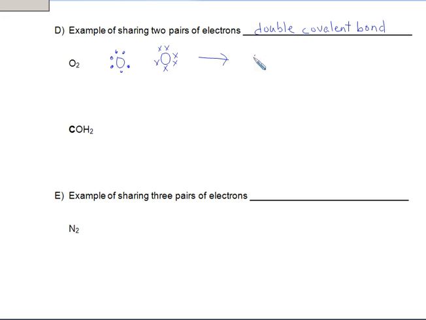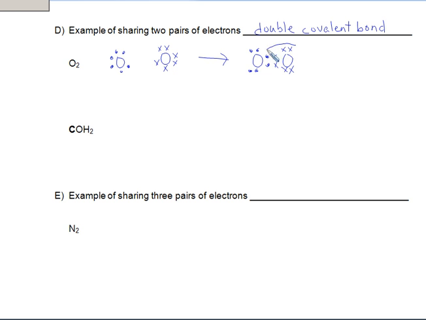So here's what your diatomic molecule is going to look like. What we have here are 2 pairs of electrons that are being shared between the 2 oxygens.